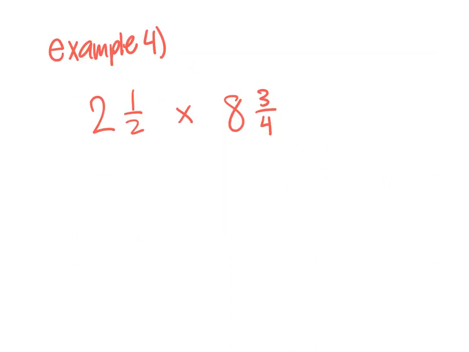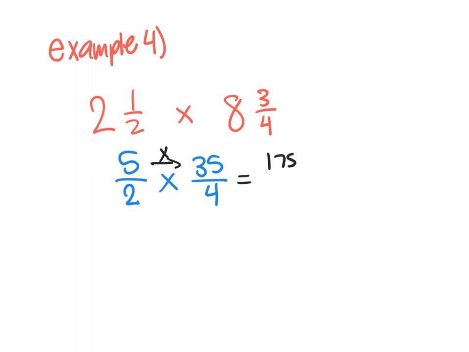Here in example 4, we have 2 1/2 times 8 3/4. So the first thing I need to do is take these mixed numbers and change them into improper fractions. Once I have changed these into improper fractions, I'll do just like I did earlier. I'll multiply straight across. So 5 times 35 equals 175. And then I will multiply 2 times 4, which gives me 8.